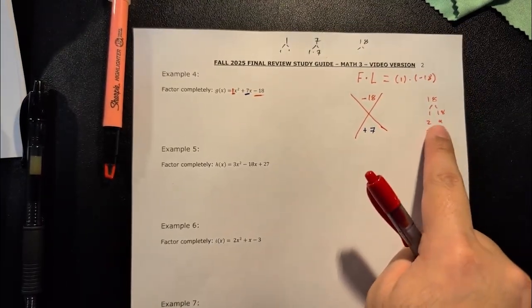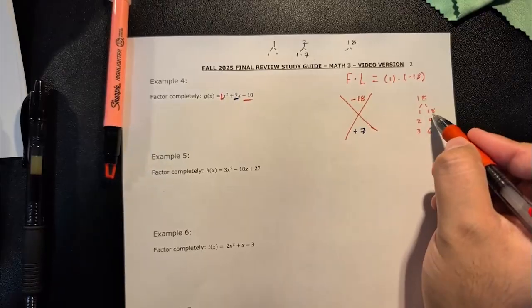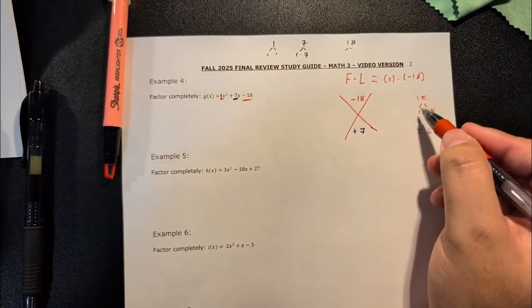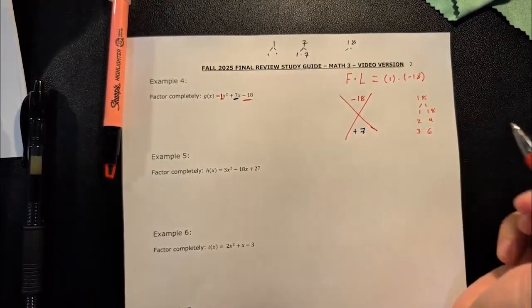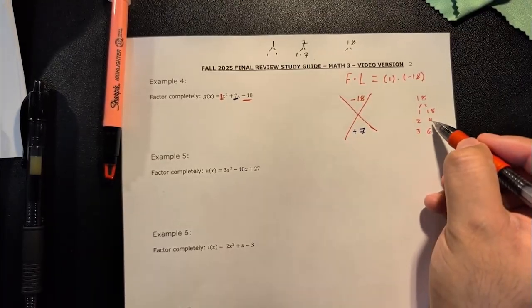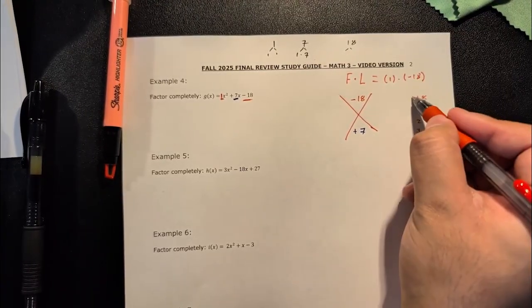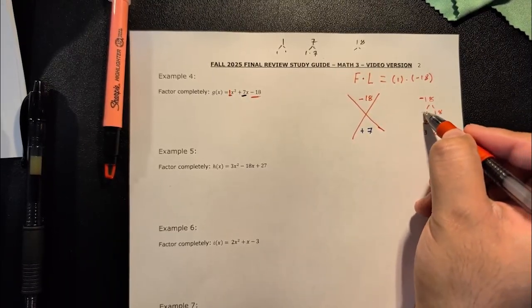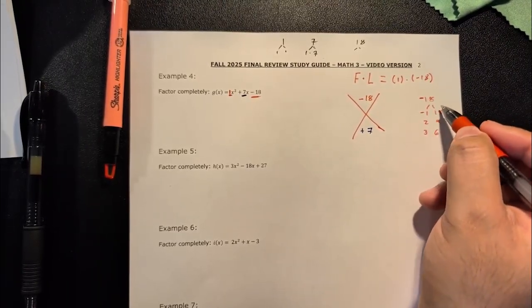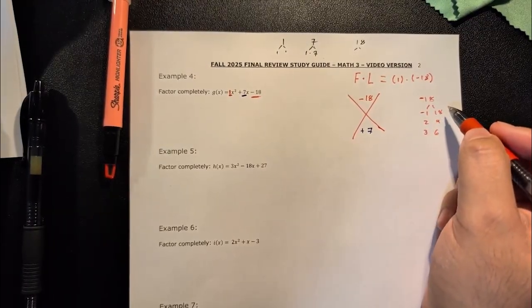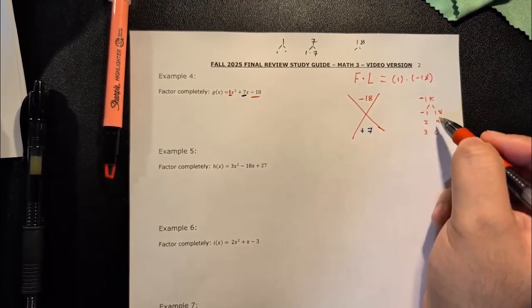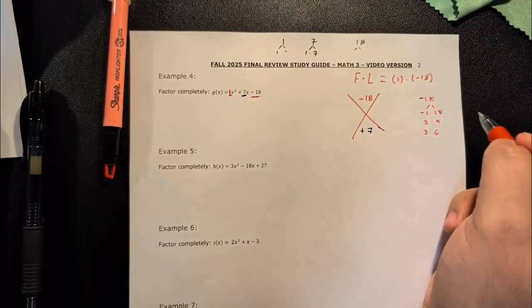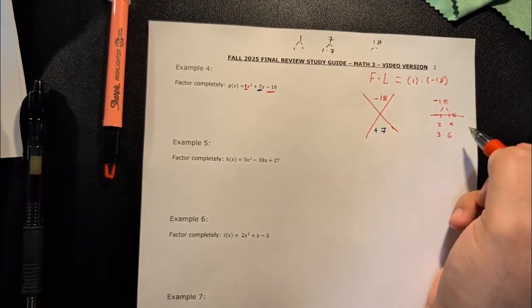So we have to look at these factors. What two numbers multiply to negative 18 but add up to positive 7? So this has to be negative, right? If I do this one, they multiply to negative 18, but they don't add up to positive 7. They add up to 17. So this one's not it.